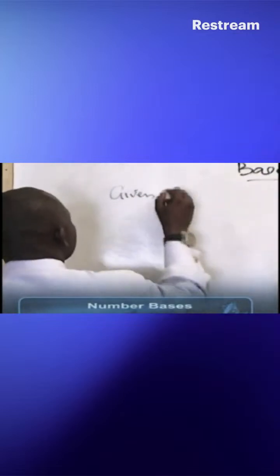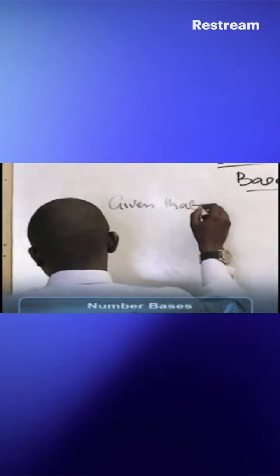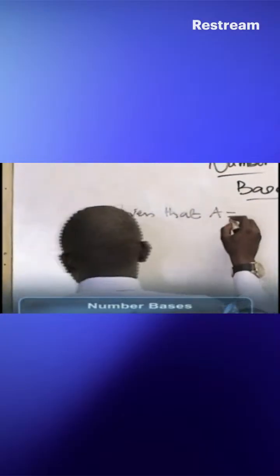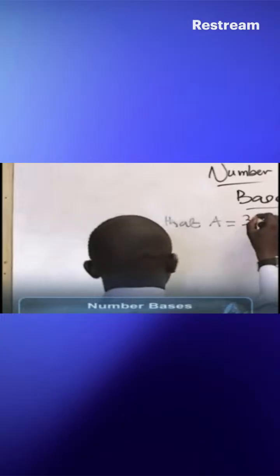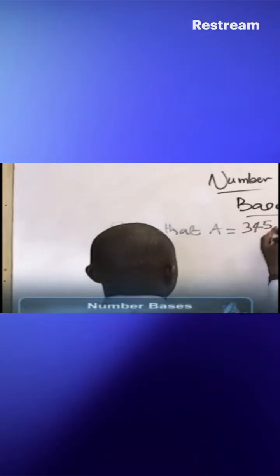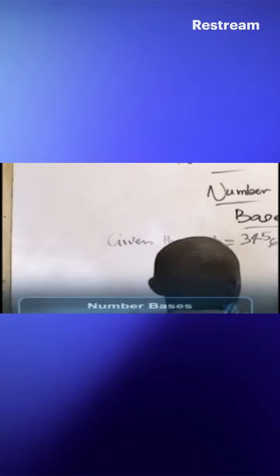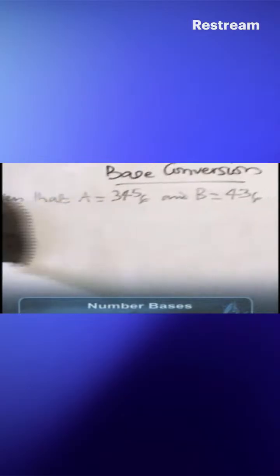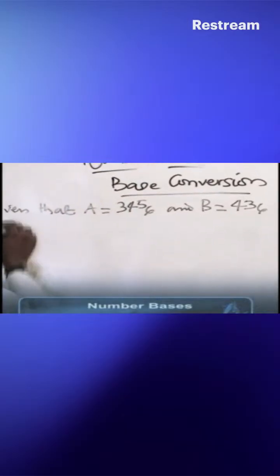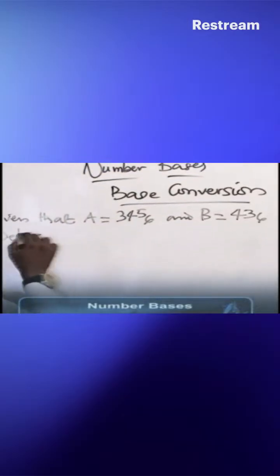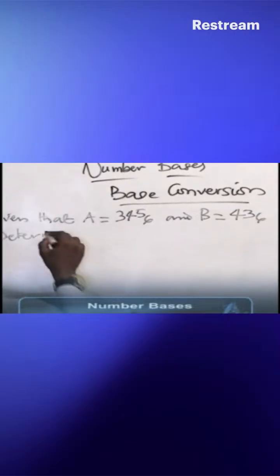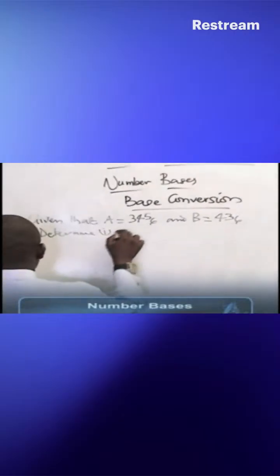Given that A equals 345 base 6 and B equals 43 base 6, determine 1.